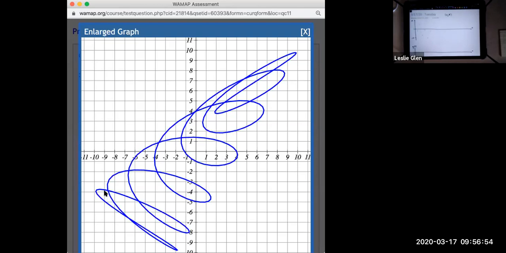And then what I've done is come around here, -9, 2. Now I'm going to go to -4 for x, and then 7. -4 is down about here, and then all the way up to 7.